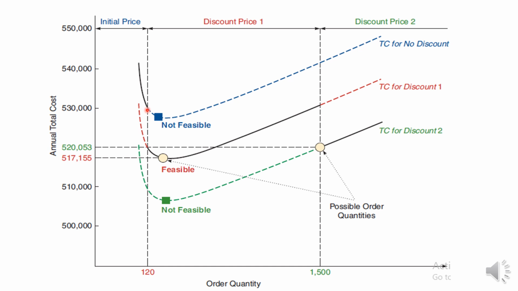But when this quantity is above 120, the total cost would be decreased drastically because of the quantity discount. So you see, this is the point at which we get the least price as per the economic order quantity formula.